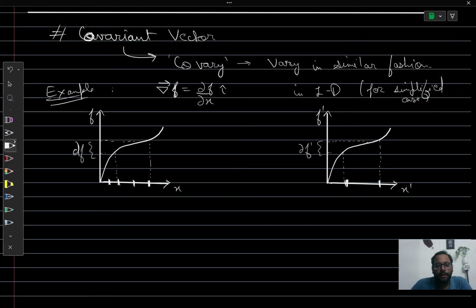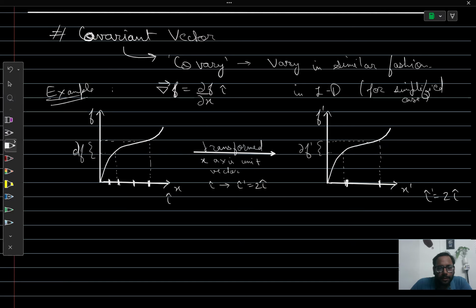So what I did is, this is my original i cap, and I just transformed the x axis unit vectors: i cap prime is equal to, I just doubled it.